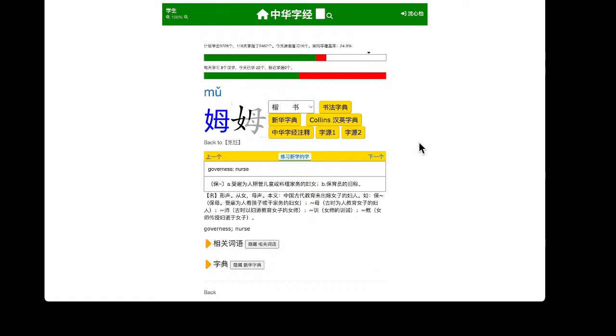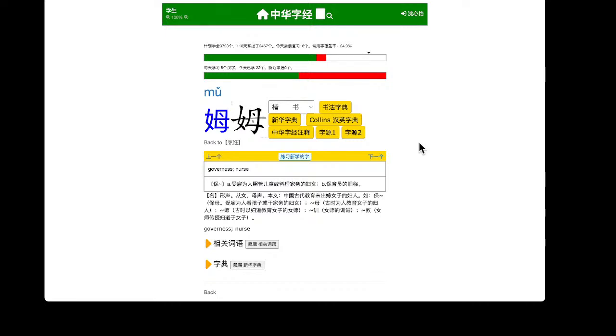母. Okay, 母 means governess, nurse and governess. So this character refers to the woman whose duty is to raise and teach the unmarried young women in a family. Okay, it's called a 母. So that refers to a wealthy family in ancient China, right?